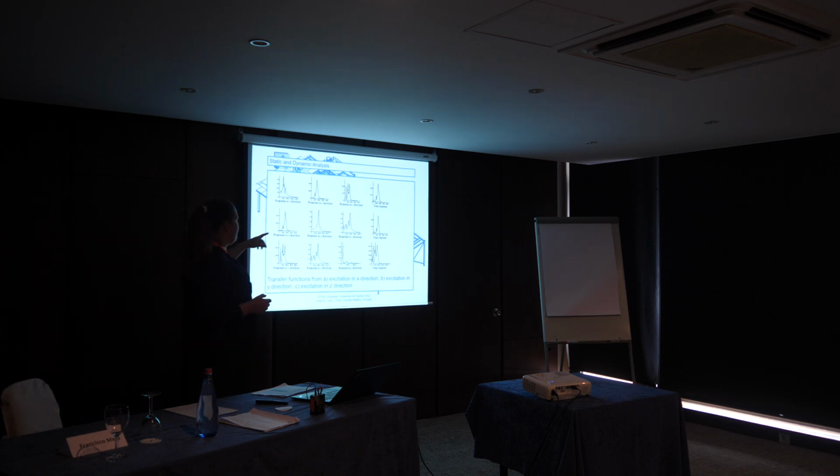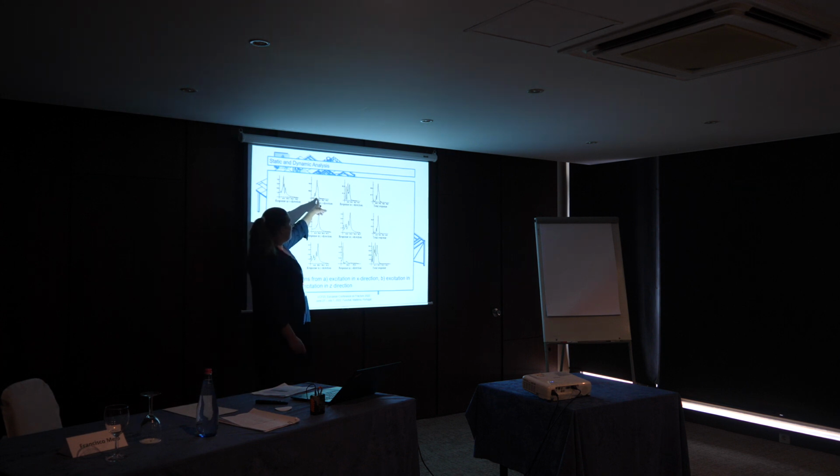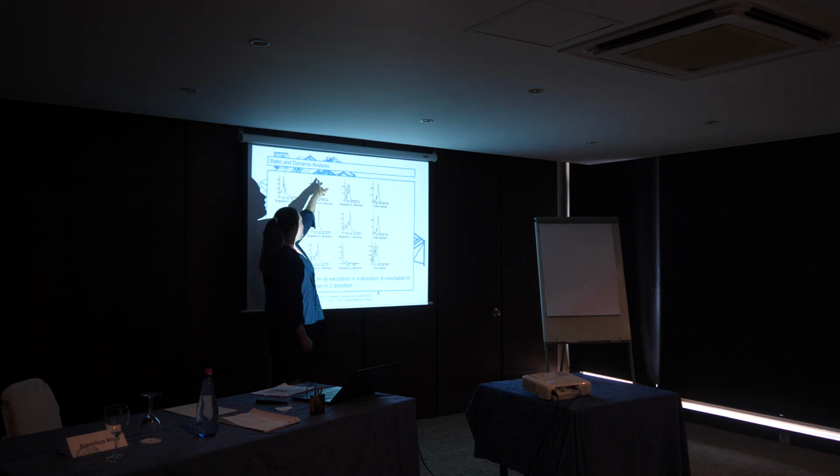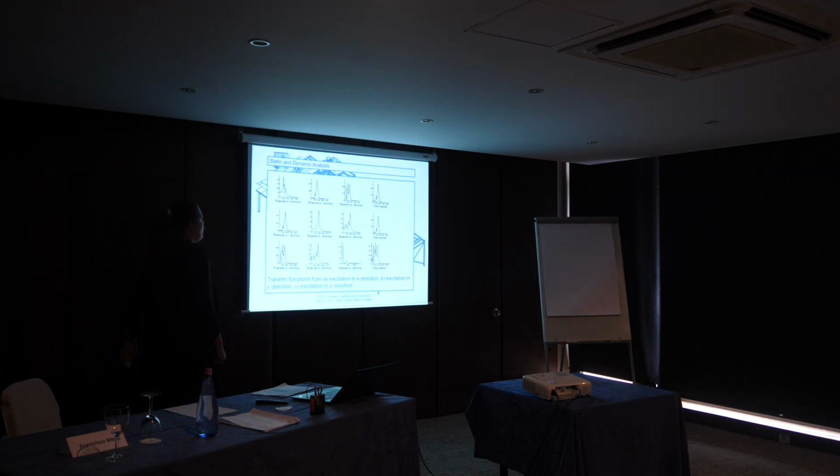As you can see from this picture, you have a frequency of around 15 Hertz, which is in correspondence with the previous analysis, and you have a dynamic gain factor of around 60. So you have resonant behavior of the construction.